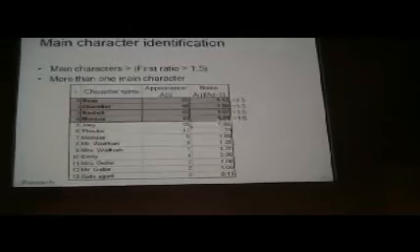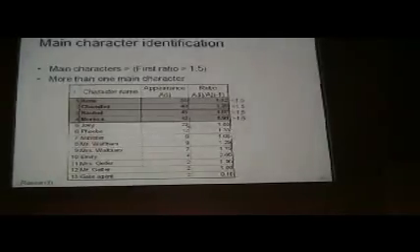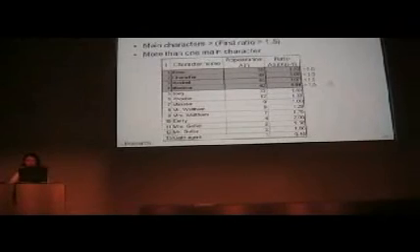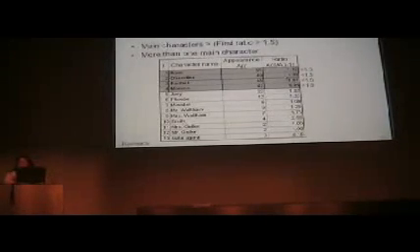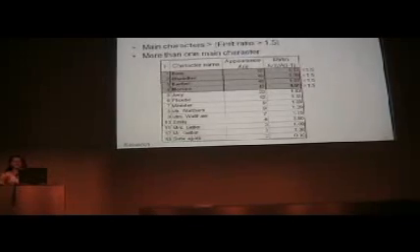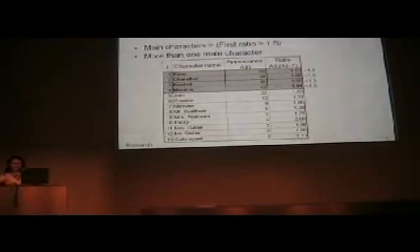So we want to find this border, and to do that, we calculate the ratio between every two consecutive characters, which is shown in the third column.